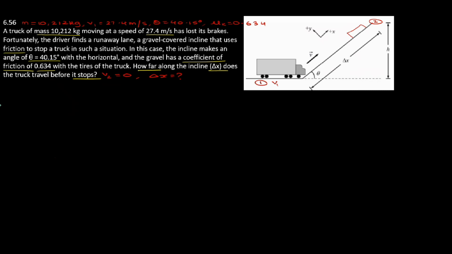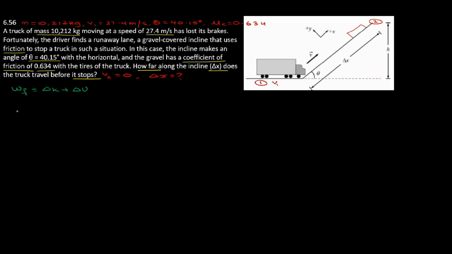And work done by the friction force can be given by change in kinetic energy of the truck plus change in potential energy of the truck. This is one form of the generalized form of work energy theorem whenever non-conservative forces are involved.